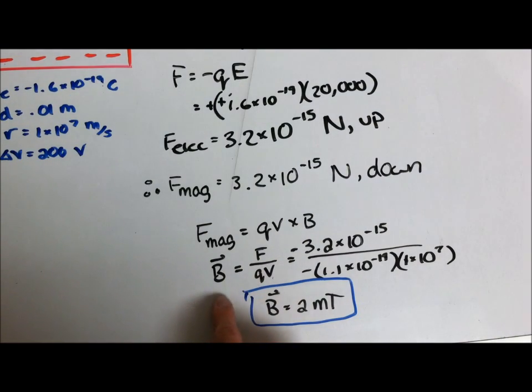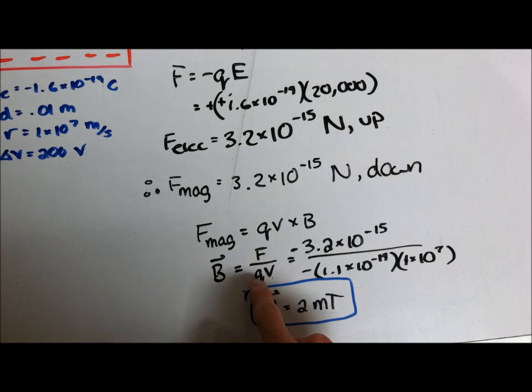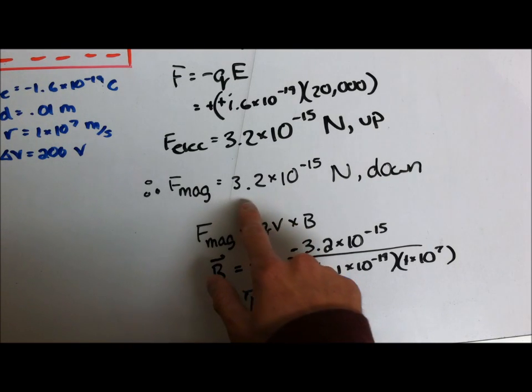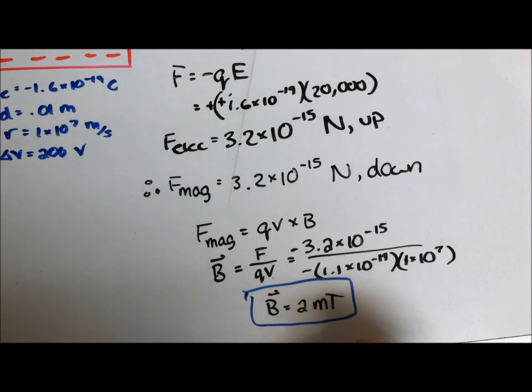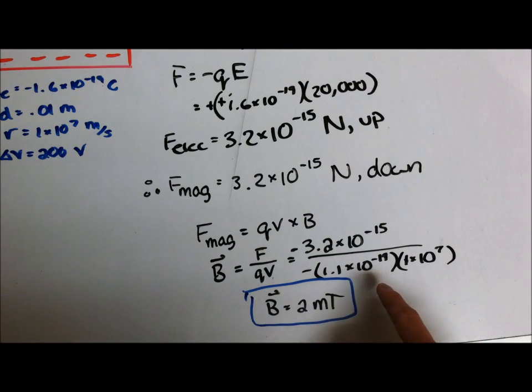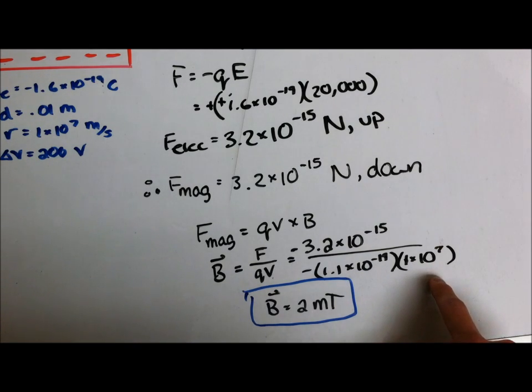So that's basically saying this. I've already pulled out the B, but B equals F over QV. Well, we know F needs to be negative 3.2 times 10 to the negative 15, and we have our charge again of our electron, and we have the velocity of this electron as well.